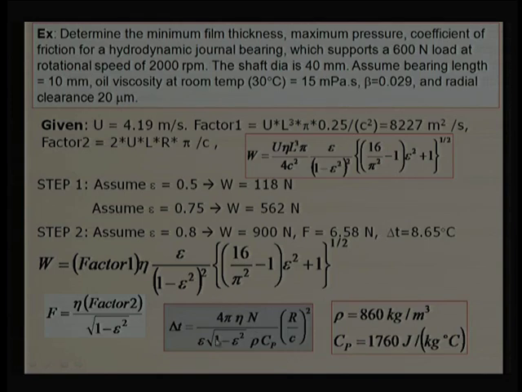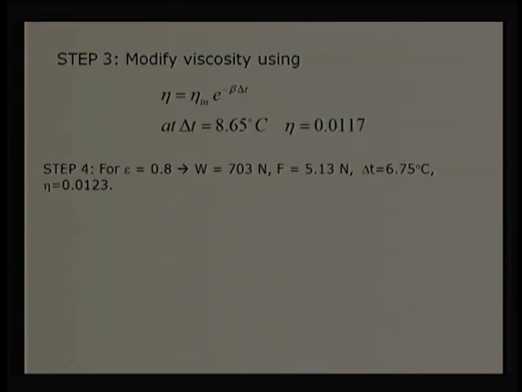So, we can substitute and find another factor 3 in this case, which will be 4 pi n into (r by c) square divided by rho Cp, that will remain constant, and after that we can keep changing eta and epsilon to find the final temperature rise.